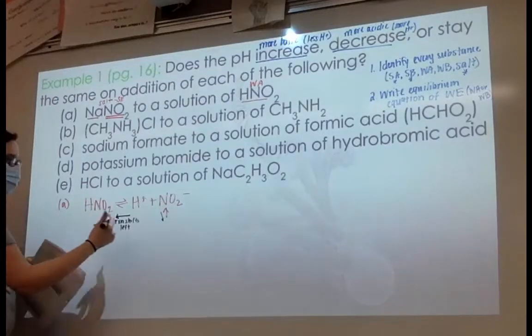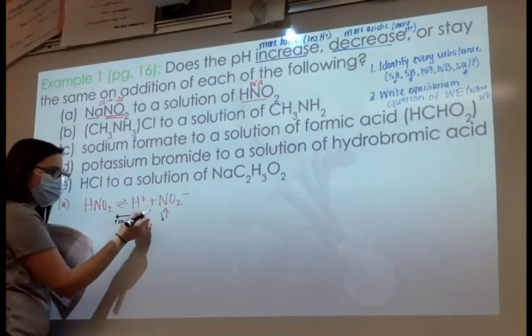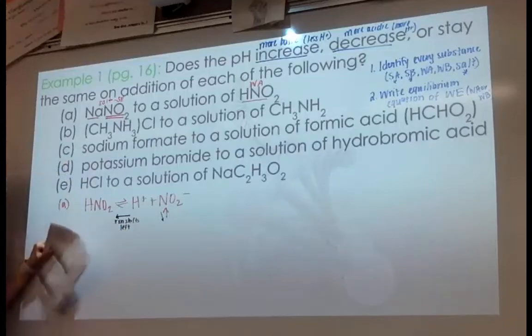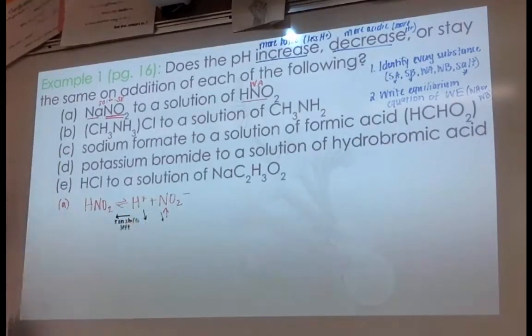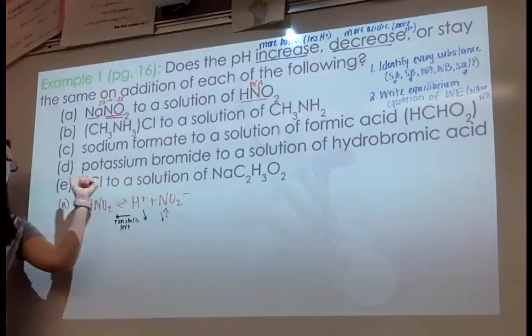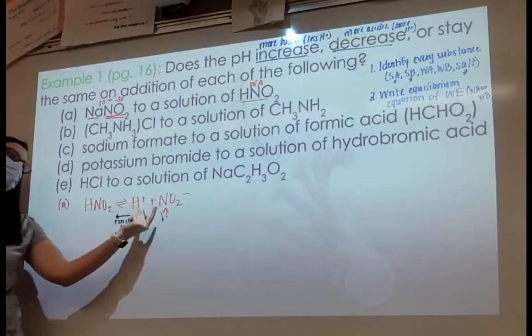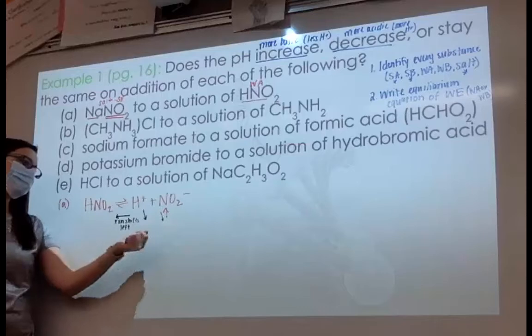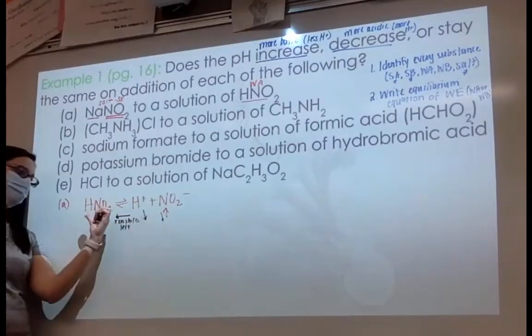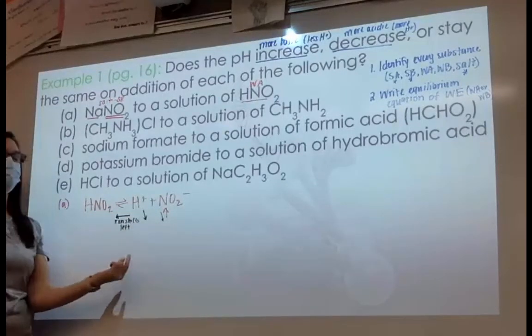So as the reaction shifts left, I'm using up the NO2 minus that I added, but I'm also using up the H plus. Because as the reverse reaction proceeds, H plus and NO2 minus are combining to form HNO2. So from adding this common ion, the reaction shifts toward the left using up H plus.